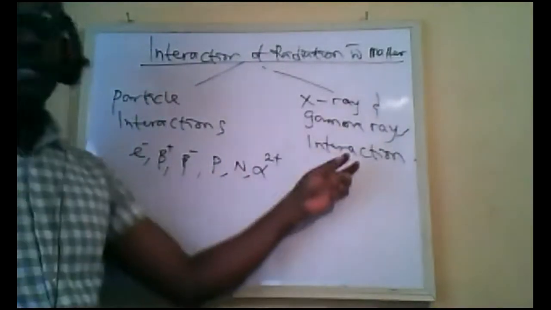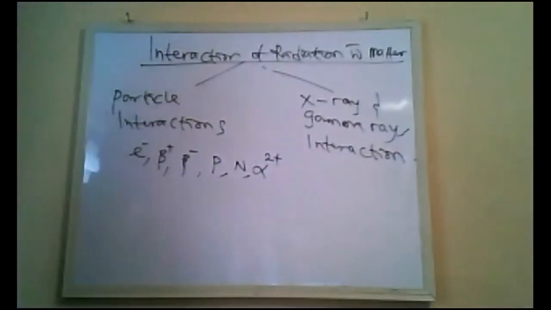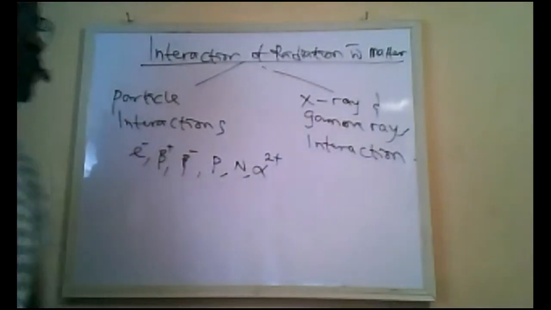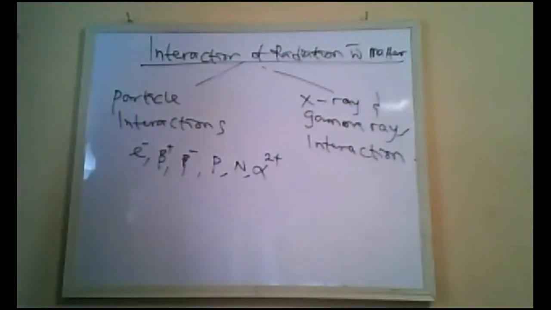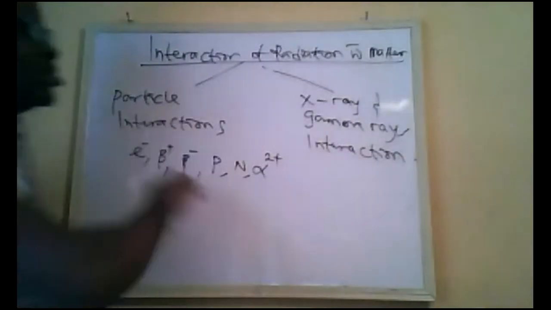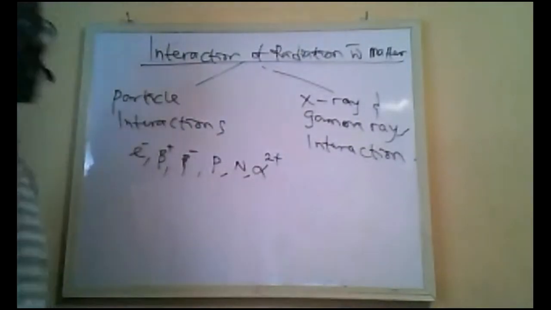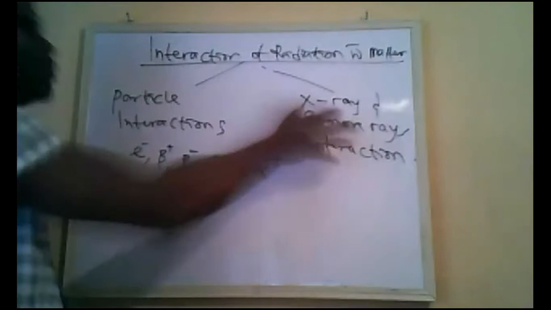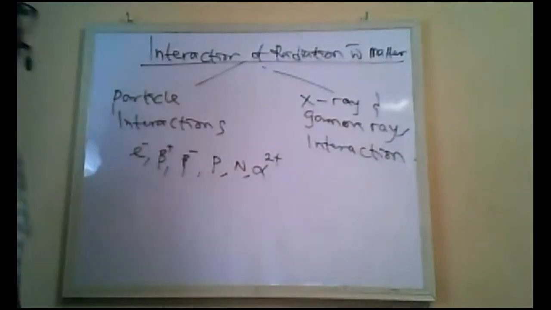When an X-ray enters matter and interacts with maybe the orbital electrons, the orbital electrons as they traverse matter are going to cause a further disturbance, further ionization or further interaction. So most times they always go together.